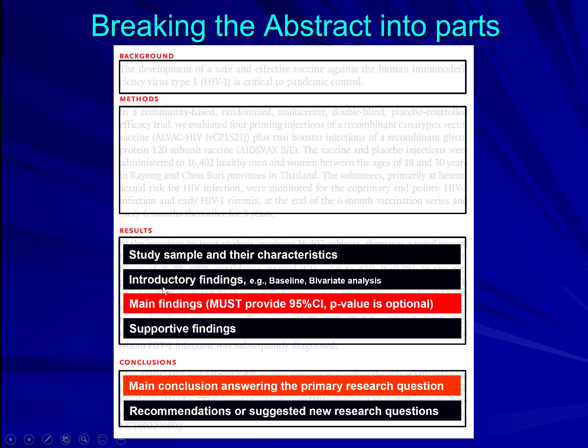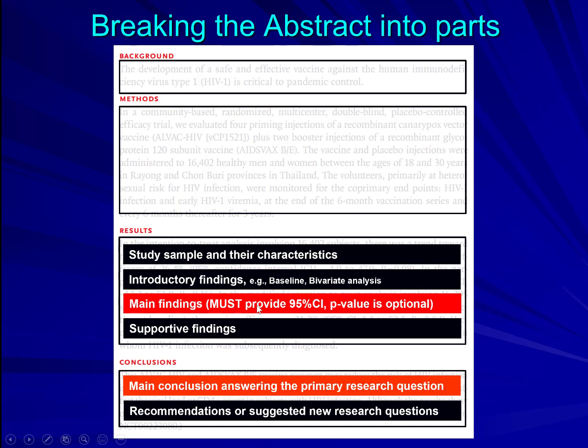Then usually followed by the introductory findings, where we present the baseline findings, or in some research, identify the risk factors. The bivariate analysis to walk the audience to the main multivariable analysis is here. Then the third one is the main findings that answer the primary outcome or the primary research question.